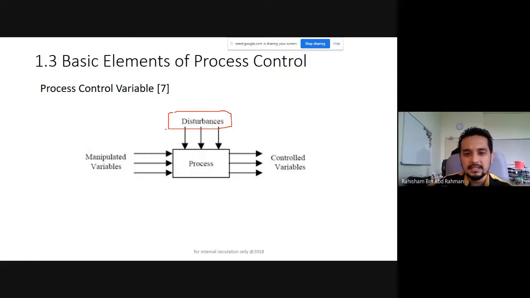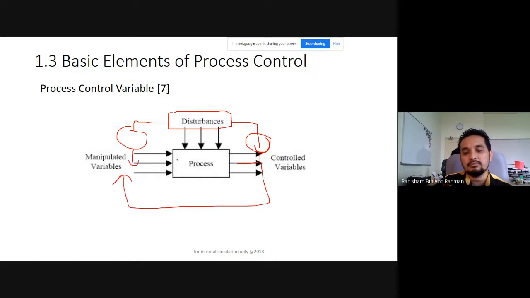The disturbance can be fed into the control system at this point, so the manipulated variable will take the presence of this disturbance into account and can predict, so that the process control goes smoothly. Alternatively, the disturbance can be fed into the output, and this output will send a signal back to make a correction, to achieve the desired process.